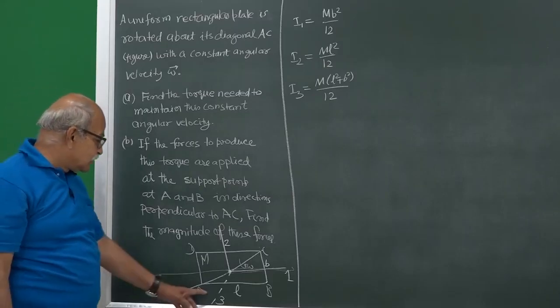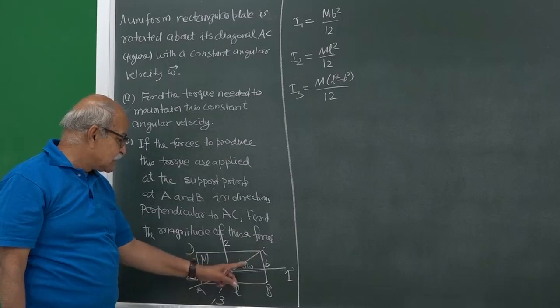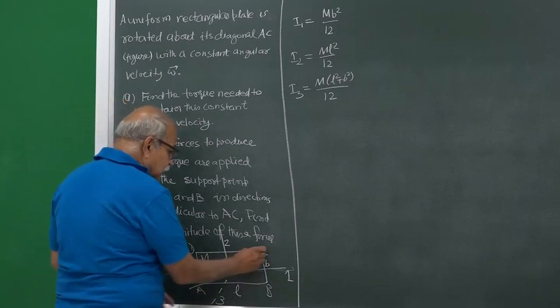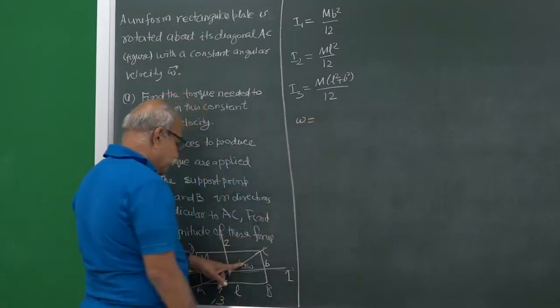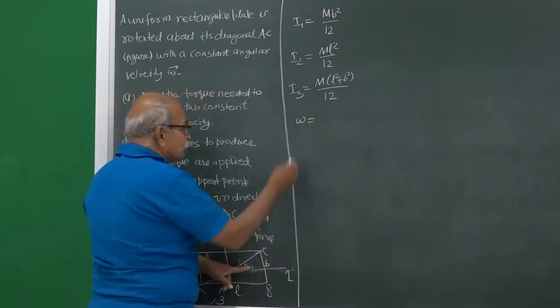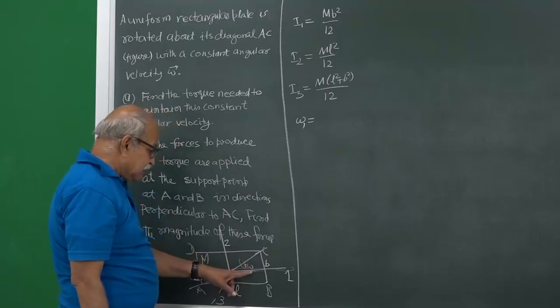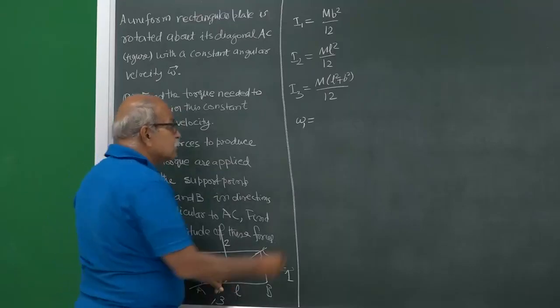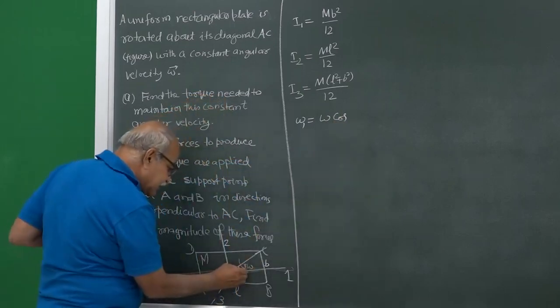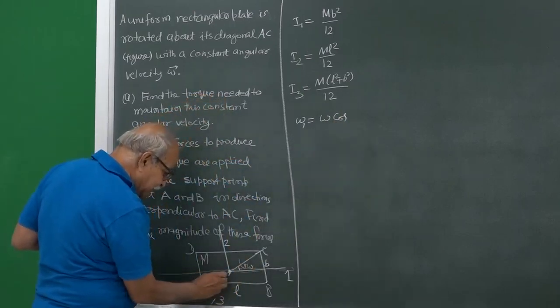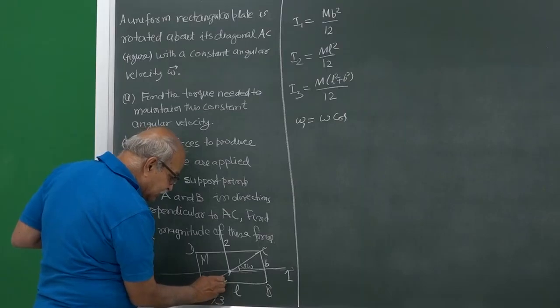And omega, this is the omega direction, the magnitude is omega and that is fixed. So, omega 1 is the component in one direction, that is omega into cos of this angle here, let us call this angle theta.